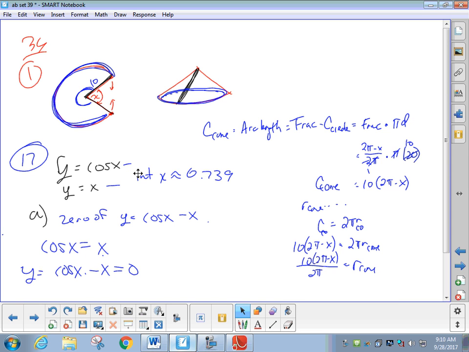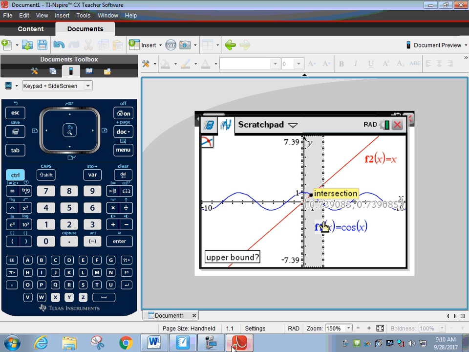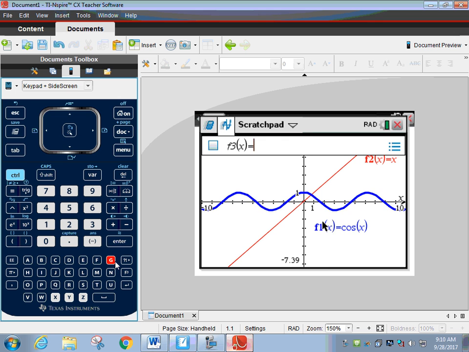If you were to graph, scratch what you have there, Control G. And call it cosine of x minus x.